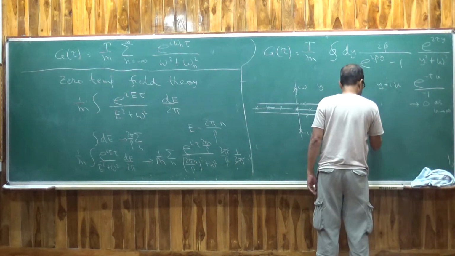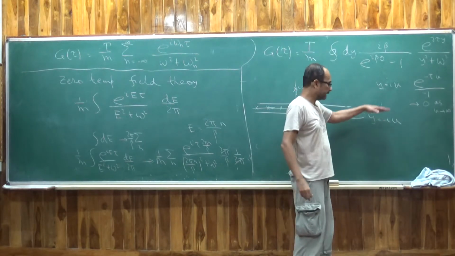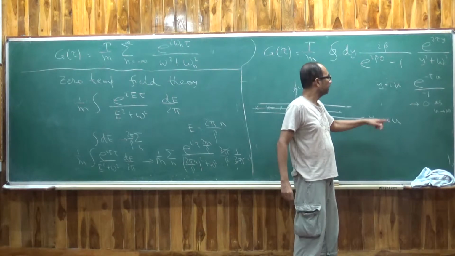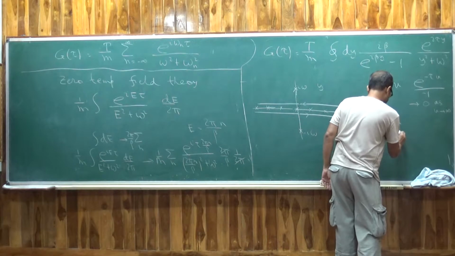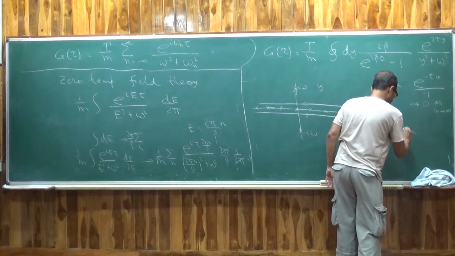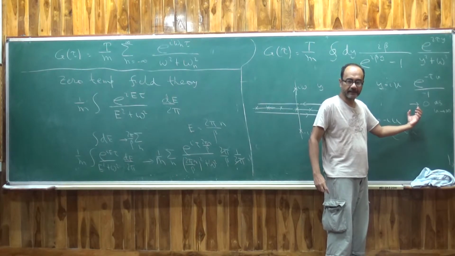If we write y as minus i u and then take u to infinity, that's like y goes to minus i infinity. Now this goes as e to the power tau u, so it's growing as u goes to infinity.